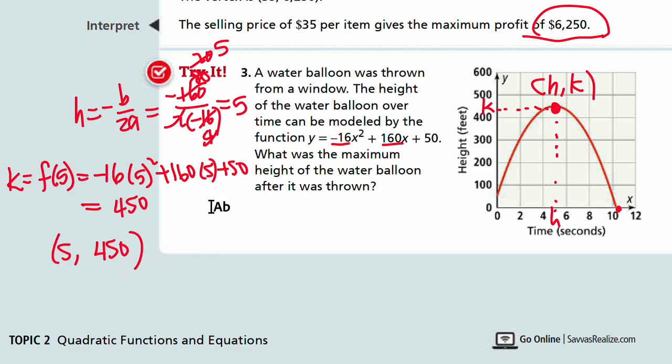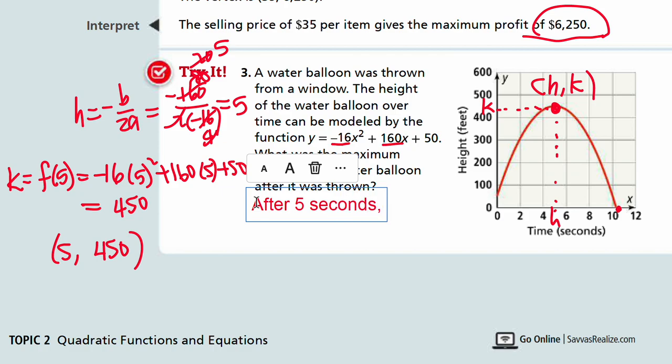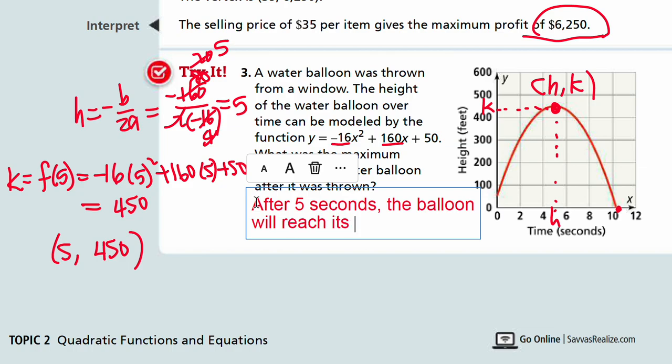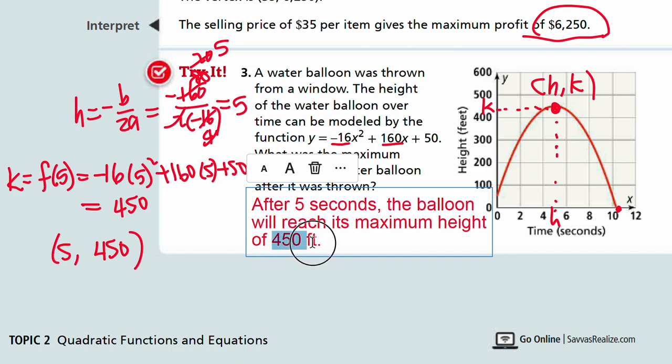So write down your answer in words. After 5 seconds, the balloon will reach its maximum height of 450 feet. And 450 feet would be your final answer.